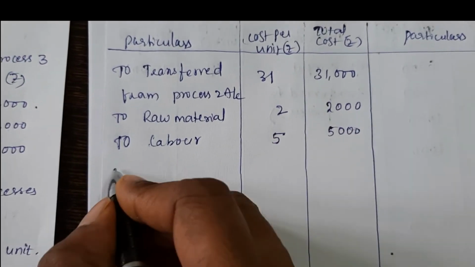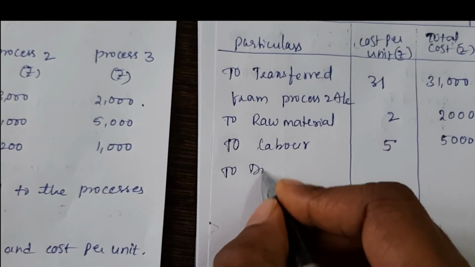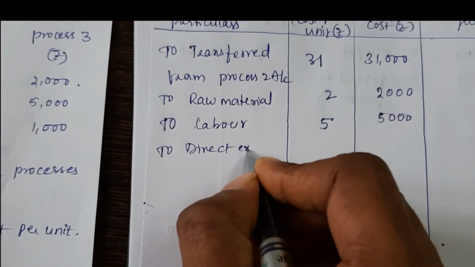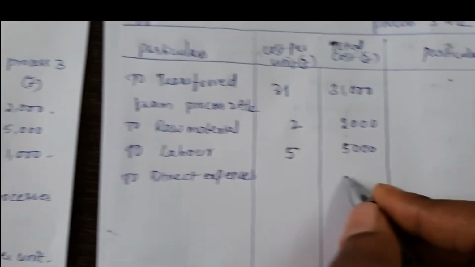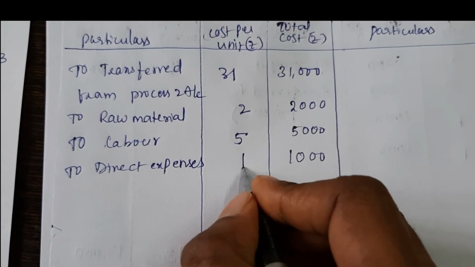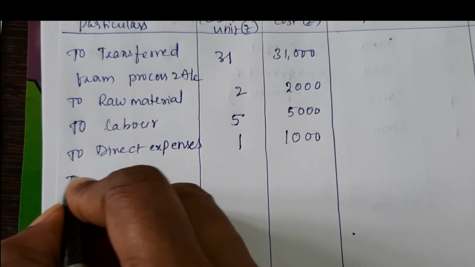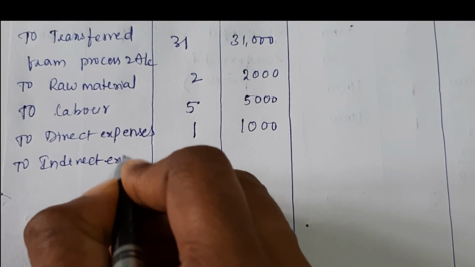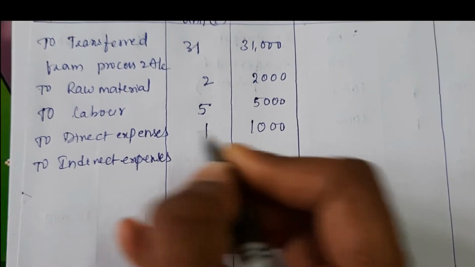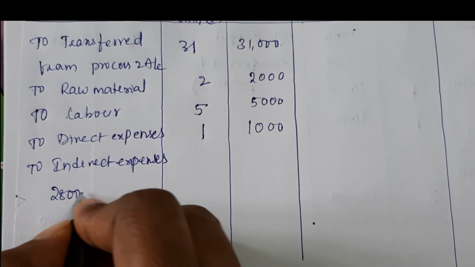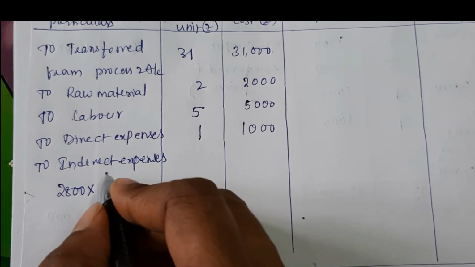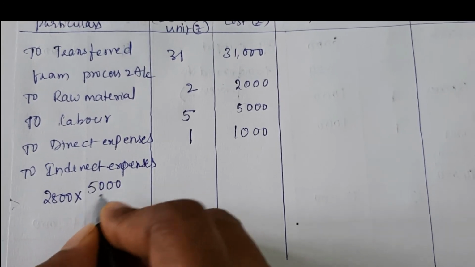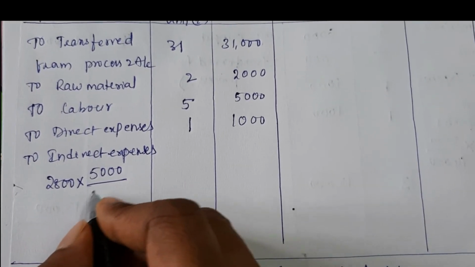rupees 5 per unit, to direct expenses 1,000, rupee 1 per unit, to indirect expenses. Total indirect expenses are 2,800, and labor cost of this process is 5,000.